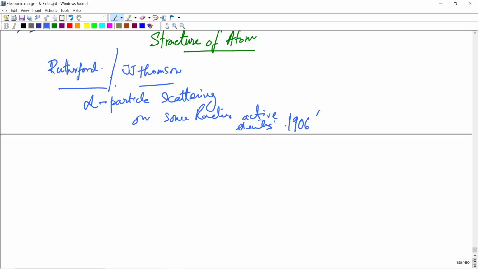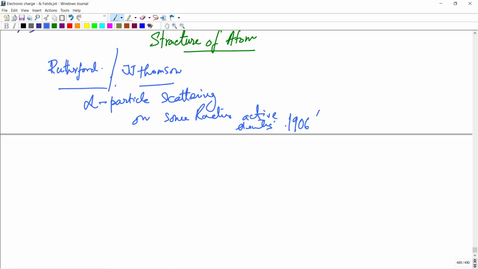Mainly this classical experiment on scattering. At that time, quantum mechanics had not yet been established, so they knew only classical mechanics, the Newtonian concept.